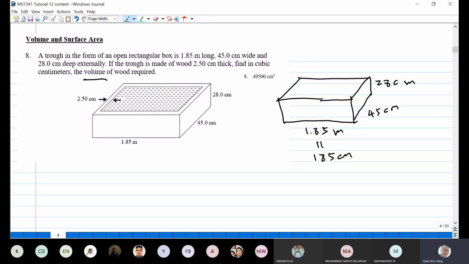So what you need is to find the volume of the external box. Volume of the external box here.